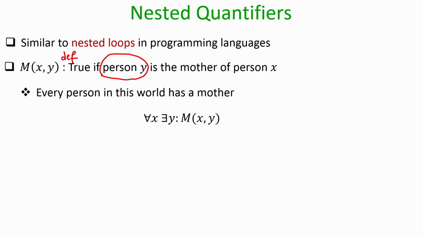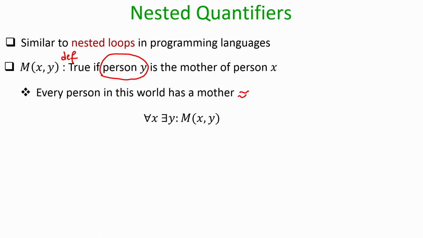You fix a value of x, and for that fixed value of x there exists some y. You change x, then for the new x there might be another y, such that this property M(x, y) is true. Okay. And why is this the expression representing that every person in this world has a mother?